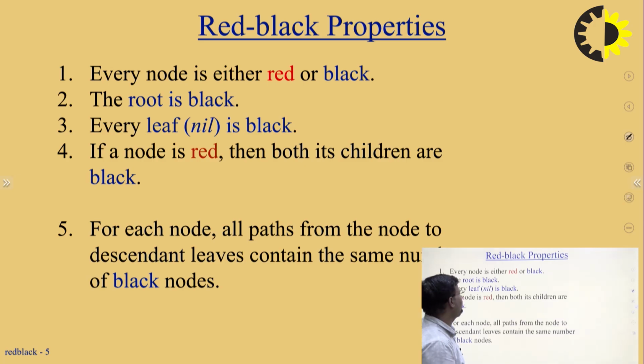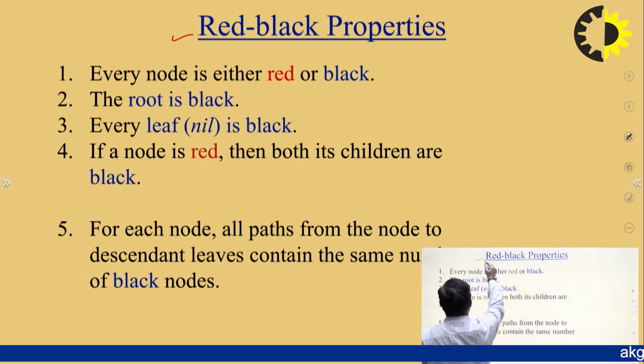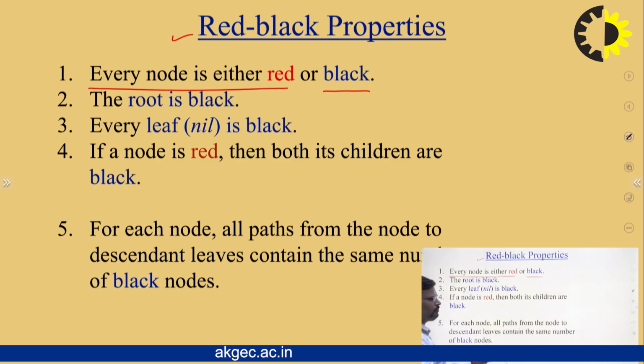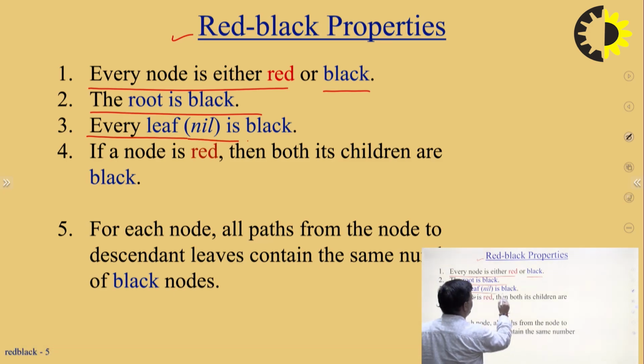So here we will discuss the properties of the red black tree. In a red black tree, every node is either red or black. Then the root is always black. Then every leaf nil is black.